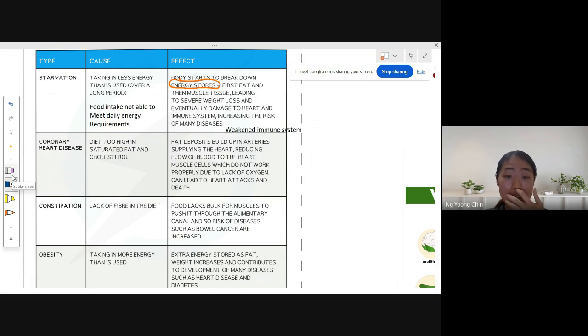So this will cause excessive fat. The fat will build up in the arteries supplying the heart. When there is an excessive deposit of fat in the artery, especially the artery supplying the heart, the artery I refer to is called the coronary artery.